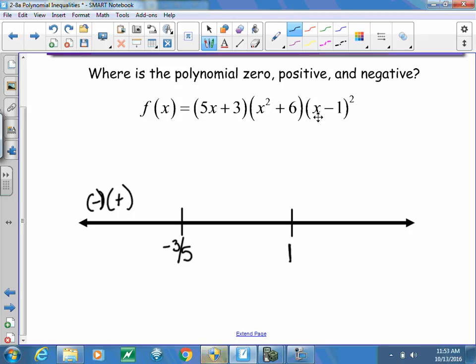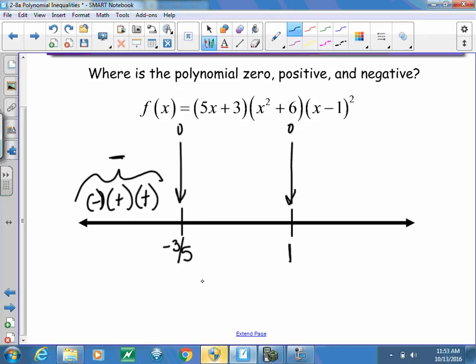And the last one, negative 2 subtract 1 is negative 3. Now negative 3 squared is going to give you a positive. These are zeros, right? And when I multiply a negative times a positive, I'm always going to end up with a negative in the overall interval right there.